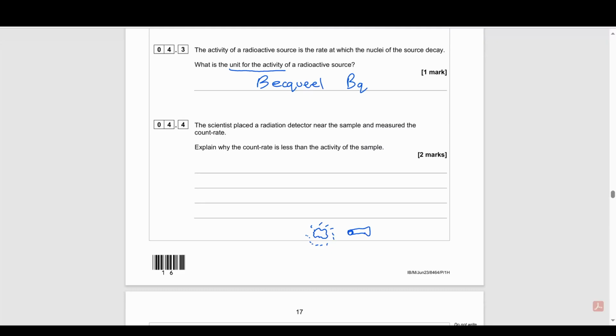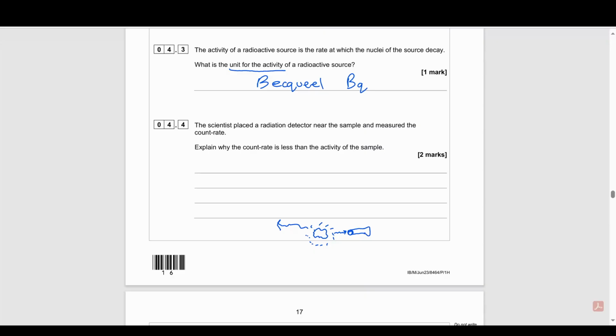Well, there's no direction at which radiation is emitted. So radiation can be emitted towards the radiation detector, and then that's what picks it up, so it causes there to be a higher count rate. But radiation could be emitted in the opposite direction, so it will not get picked up by the detector.